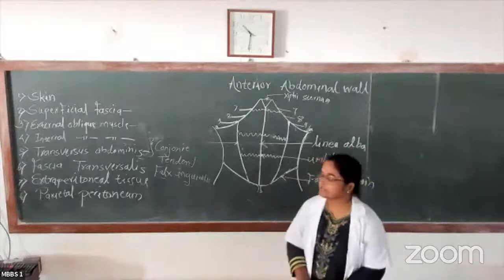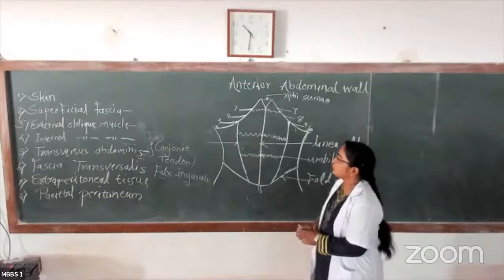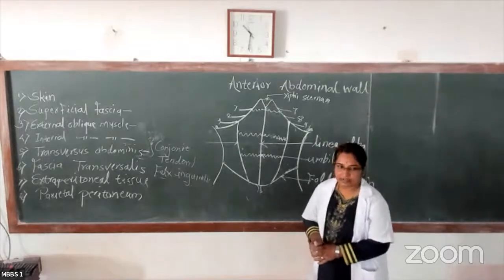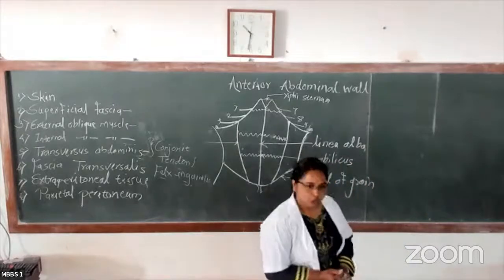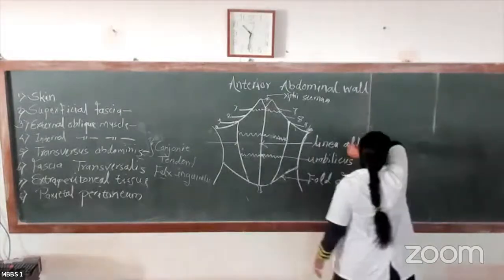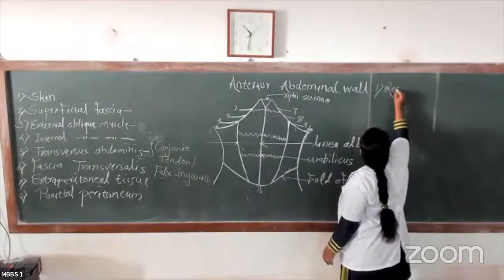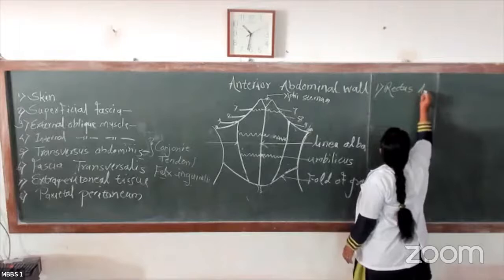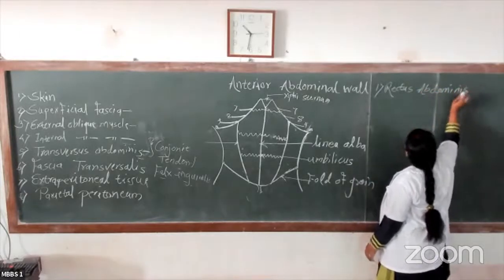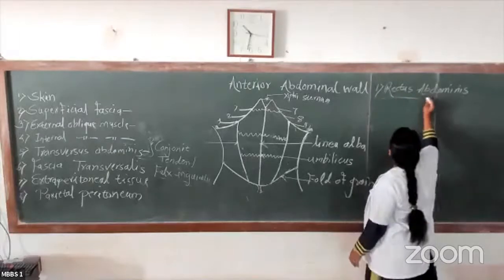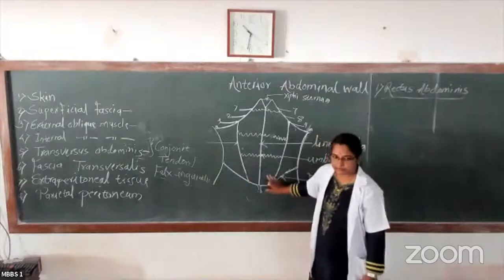Among these 5 muscles, 4 muscles are large except one, the pyramidalis, which is a very short muscle. Now we see the 2 vertical muscles. First is the rectus abdominis. As the name suggests, rectus is straight and abdominis is present in the abdomen.